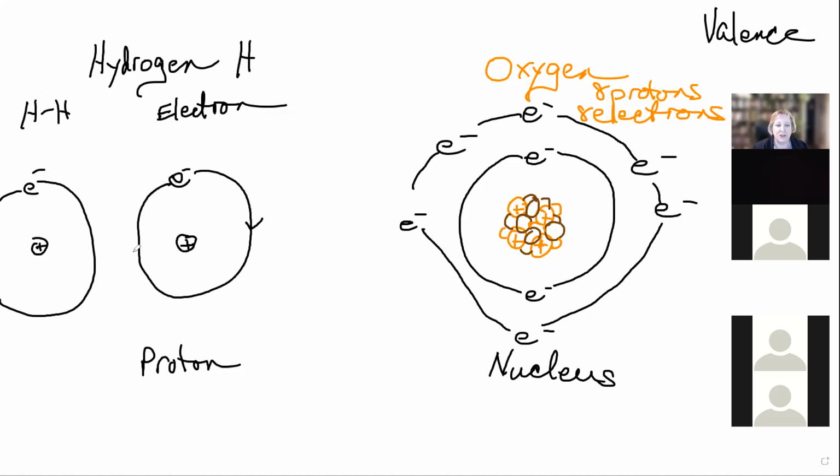Let's share these electrons. So this electron will spend some time over here. This electron will spend time over here. So between them, they share both of their electrons. Because they're sharing, we call that a covalent bond.